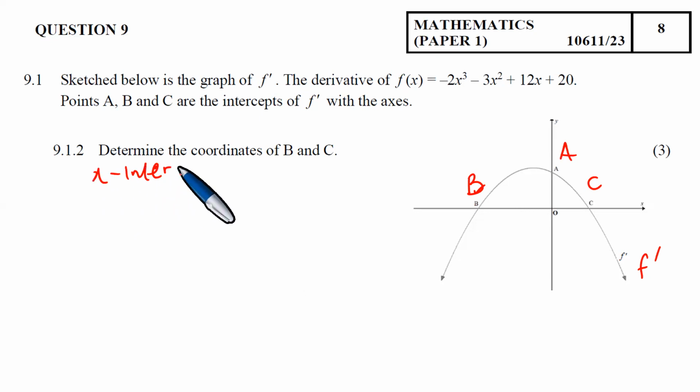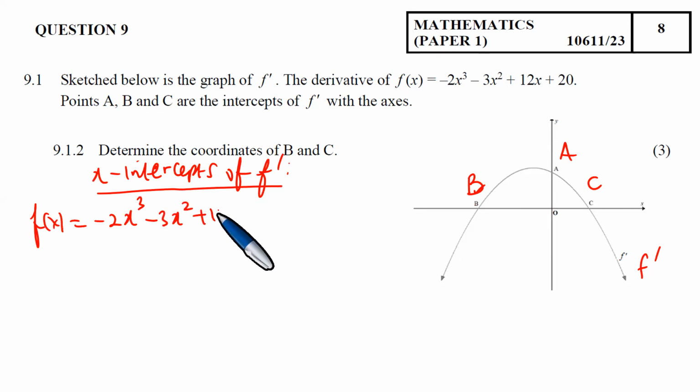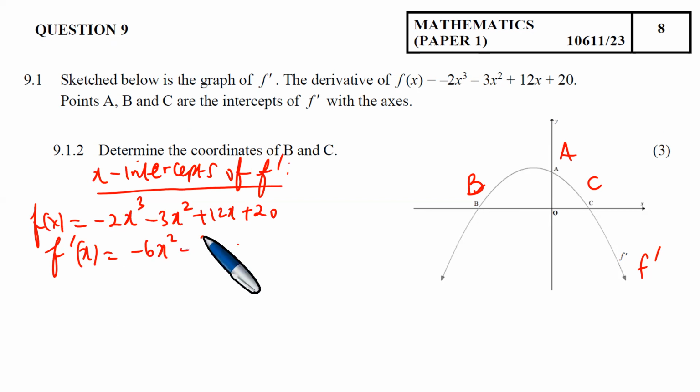We are finding the x-intercepts of f prime, which means that you have f of x equals minus 2x cubed minus 3x squared plus 12x plus 20. You find the derivative, minus 6x squared minus 6x plus 12.